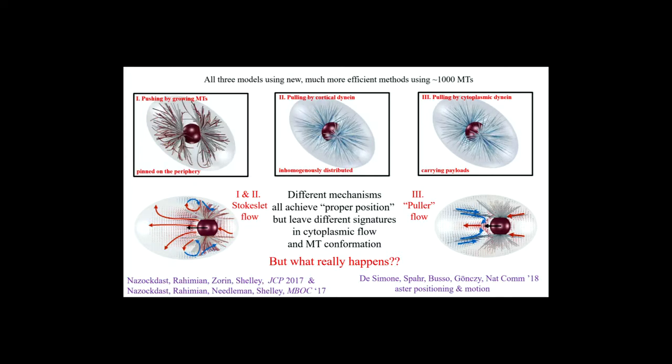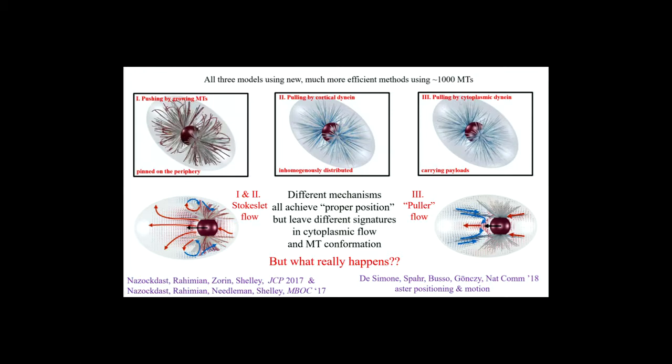Seeing if we could see big differences using reasonable physiological parameters between the three of them, what they could or could not do in relation to what you see in experiments. And what we discovered is that all of these mechanisms did exactly the same thing. They got something into the center of the cell, there was a torque instability that let it rotate, and you ended up in proper position, which is a terrible, terrible position to be in.